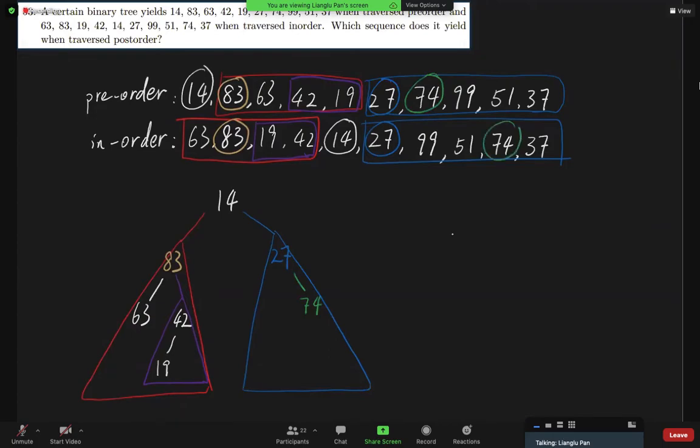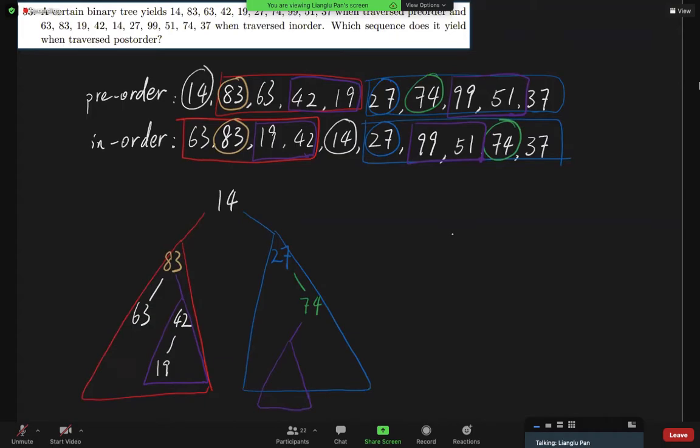And since 74 is here in our in-order traversal sequence, then we know we have 2 nodes in its left subtree, which are 99 and 51. They are in the left subtree.